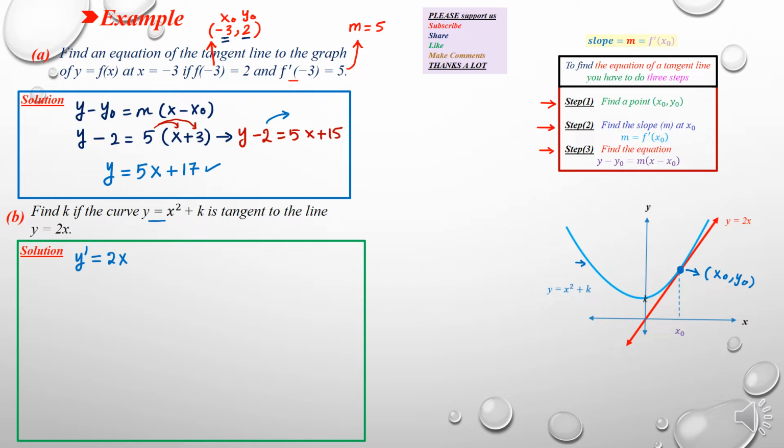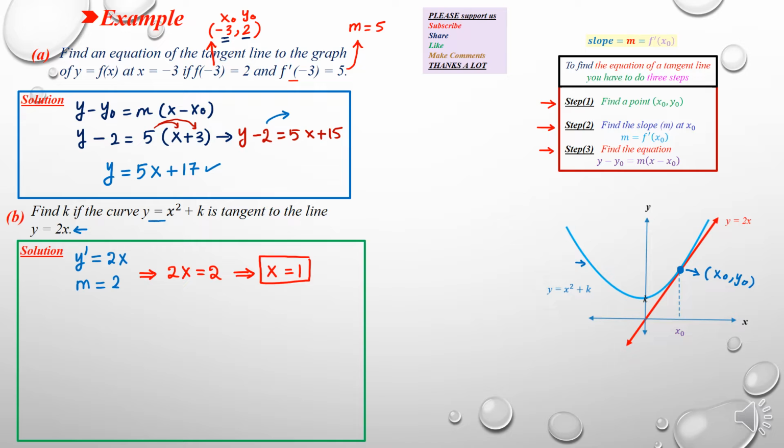And the slope from the equation y equals 2x is 2. So these quantities are equal. So we have 2x equals 2, and divide both sides by 2, you will get x equals 1. So this is the x coordinate for the point of tangency, x equals 1.